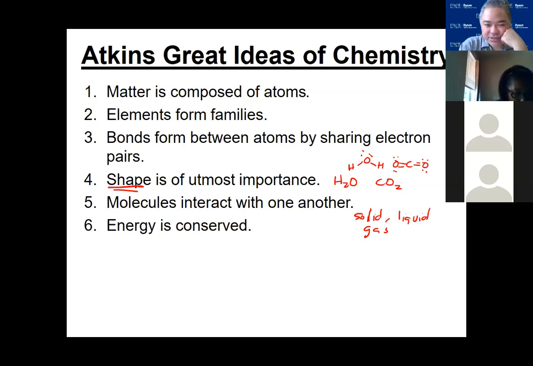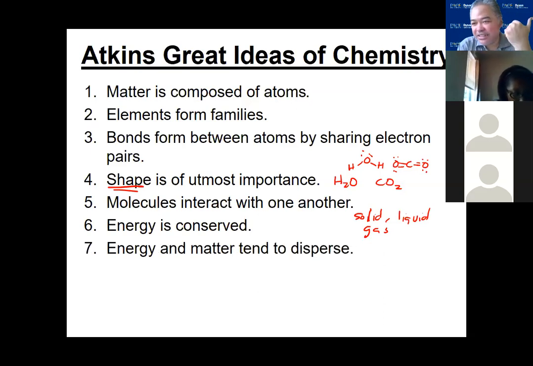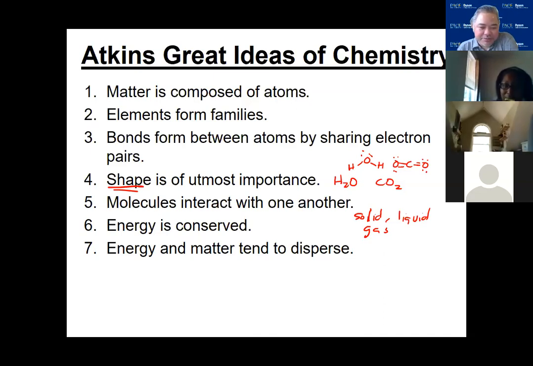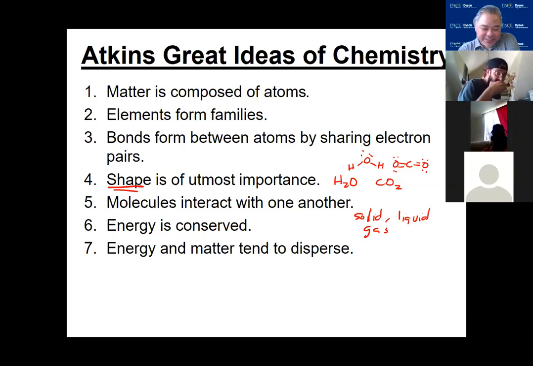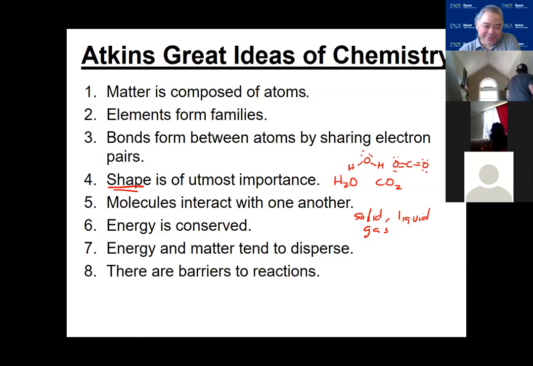Okay, if you look at the definition of chemistry, usually we define it as the study of matter and the changes that it undergoes and the energy associated with it. Energy is always associated with chemical reaction. Okay, the endo and the exo thing that we're going to learn more about later on.